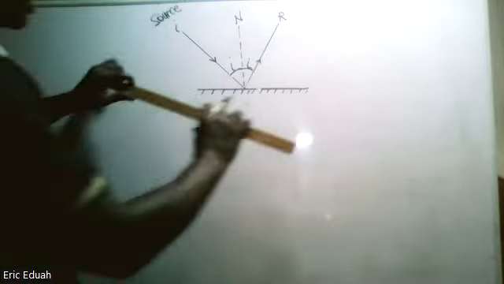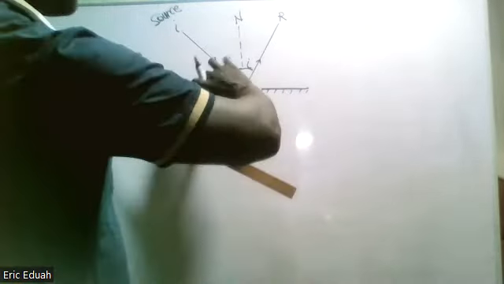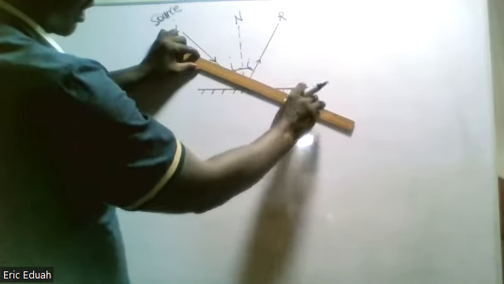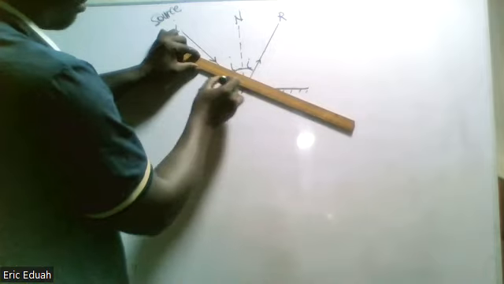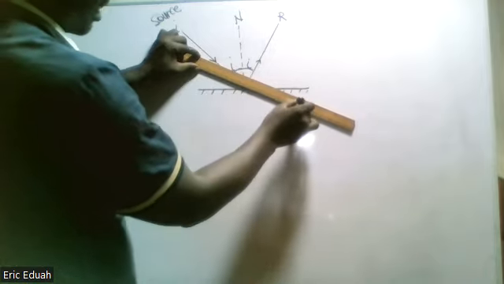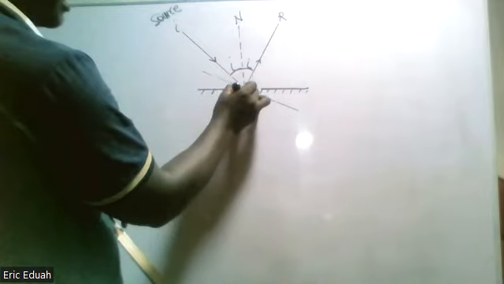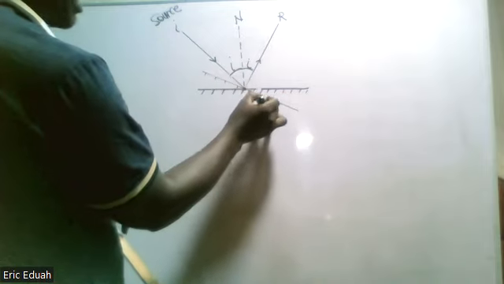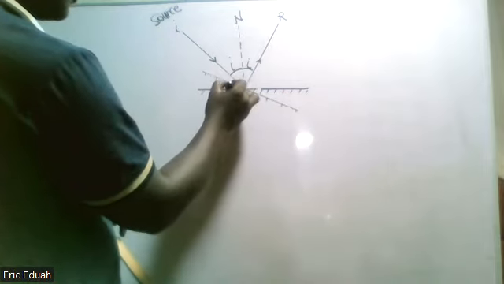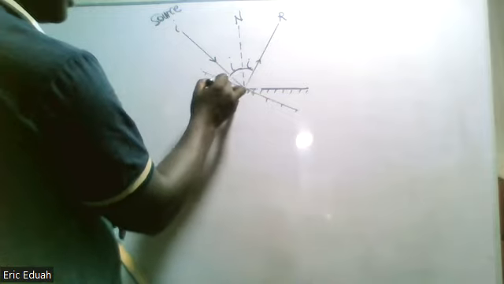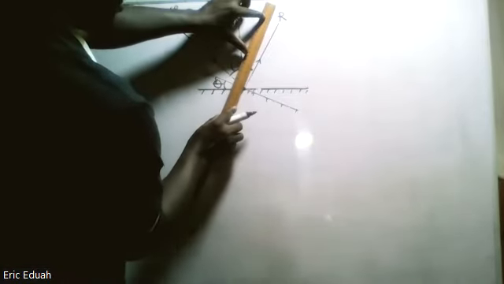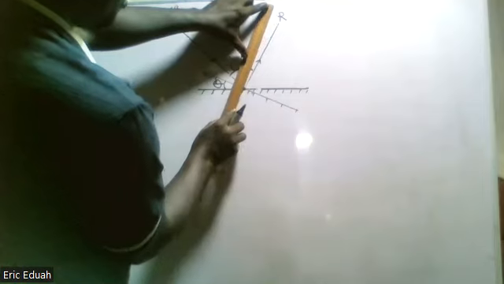So now the mirror is rotated. This is clockwise rotation. It can be anti-clockwise rotation. The value will still be the same. So the angle of rotation is theta. Now, once the mirror is rotated, it would give a new normal.